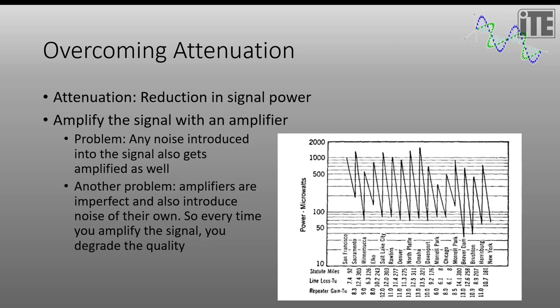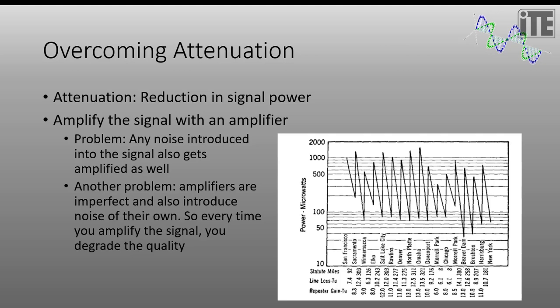So we can see that the signal power remains within a certain range as it goes across the United States. Now we have to boost it up because the receiver has what's called a sensitivity value, where if the signal falls below that sensitivity value, it won't be able to receive the message signal. We'll talk about that in a minute.